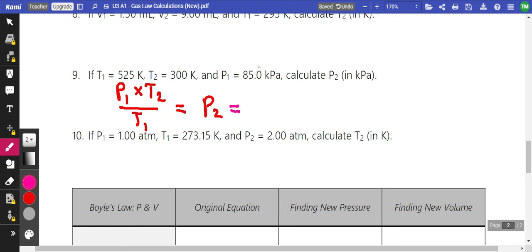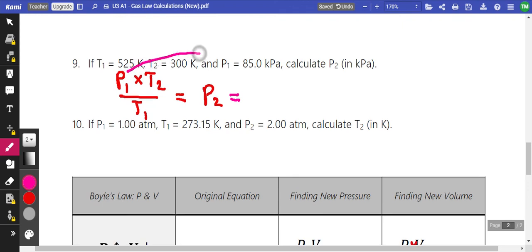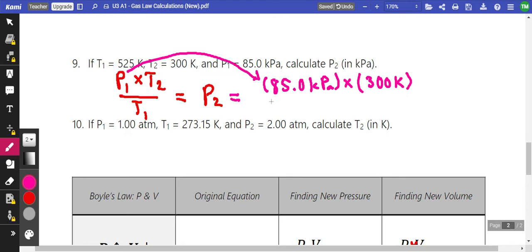Let's do P1 first, just because that's the order we've got it in here. P1 is 85.0 kPa, times my T2, which is 300 Kelvin, divided by my T1, which is 525 Kelvin.